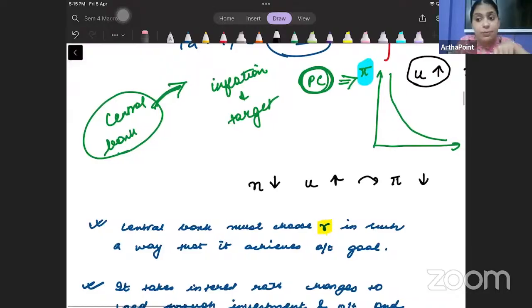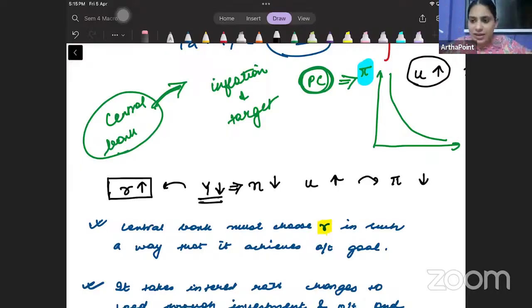But when will employment will be less? When output will be less. अगर production ही कम है, then people employed will also be less. Am I understood? Okay. Now, when your output will fall, we know there is inverse relationship between output and interest rate. माने interest rate economy में high चल रहा होगा.